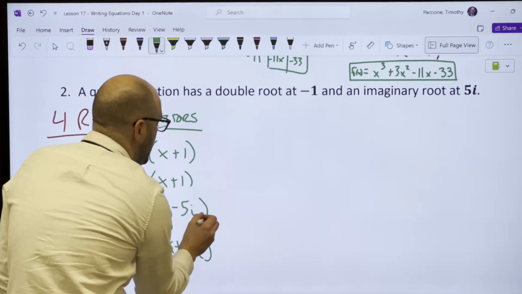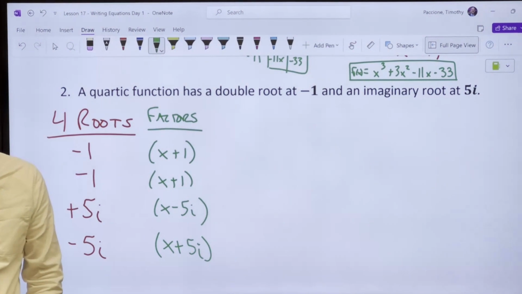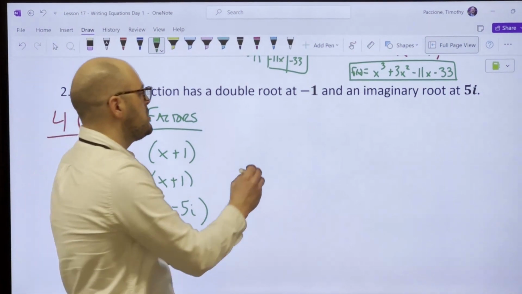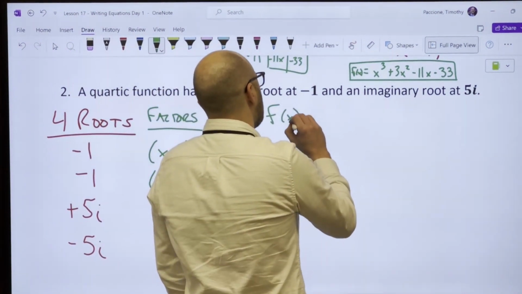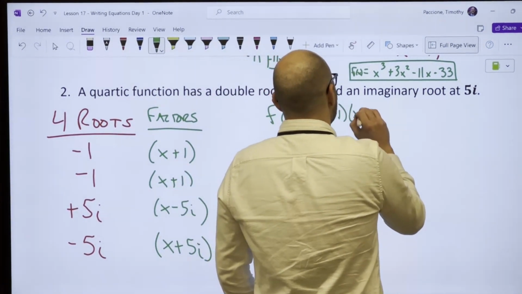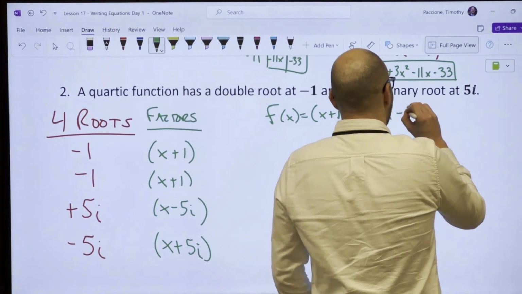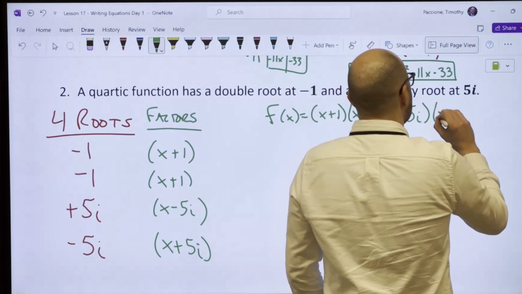Great, so I have my factors. Now I write in factored form, which means I write them all multiplying by each other. So f of x equals (x plus 1) times (x plus 1) times (x minus 5i) times (x plus 5i).